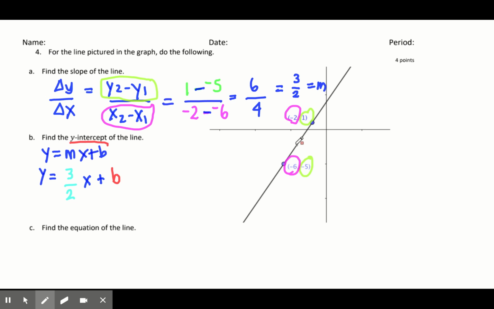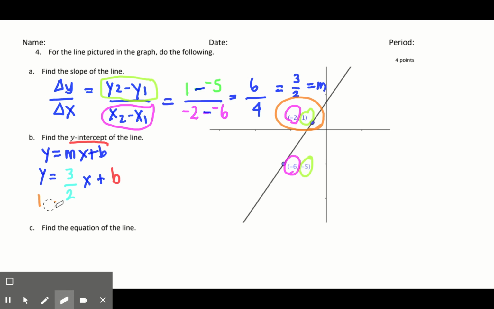So to do that, you can plug in either of these points. I'll just plug in this top point. So remember, which one's the x and which one's the y. So this one is the y, so that's what I'm going to plug in, and then it'll be 3.